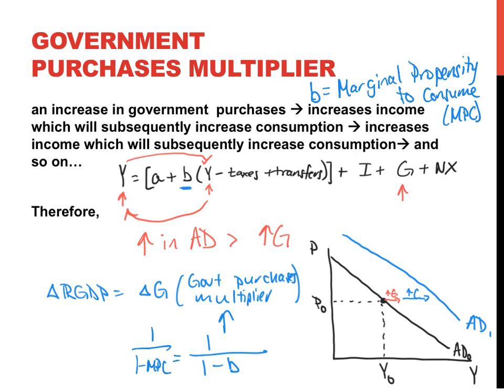So our marginal propensity to save is going to be 1 minus the marginal propensity to consume. So that means another way to write our government purchases multiplier is 1 over the marginal propensity to save.